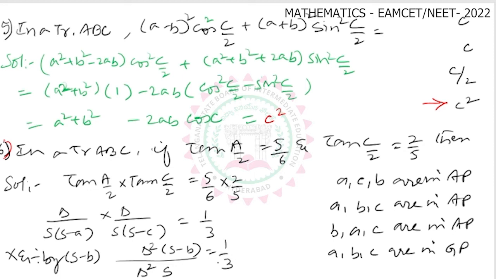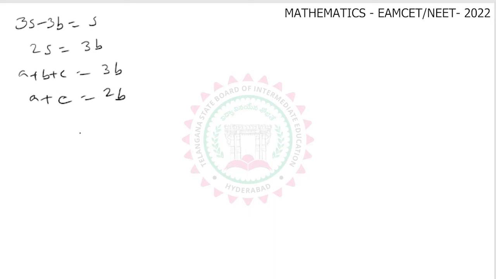Or, if I cross multiply, 3S minus 3B is equal to S. So, 3S minus S, 2S is equal to 3B. 2S is equal to A plus B plus C is equal to 3B, or A plus C is equal to 2B.